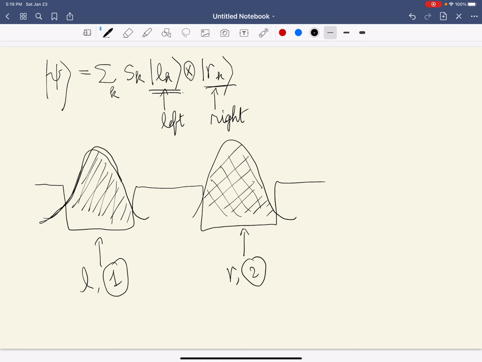But the key thing is that it's not just one state from the left side and one state from the right-hand side that gets multiplied. In the case of a two-level system, this k should run from 1 to 2. So the decomposition, when I write it out, becomes this.